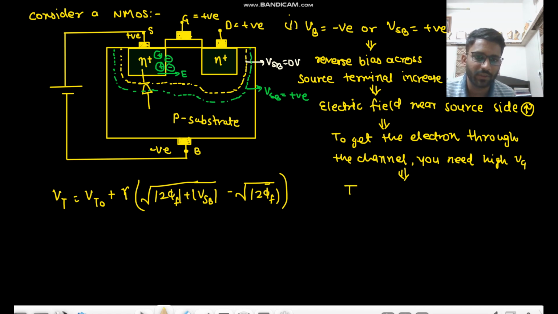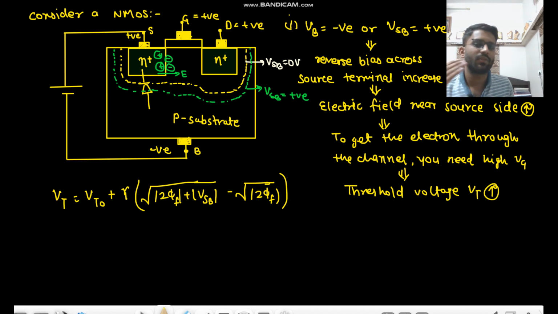That means the threshold voltage Vt increases. To break this electric field, you need a high value of Vg, so your threshold voltage will increase.